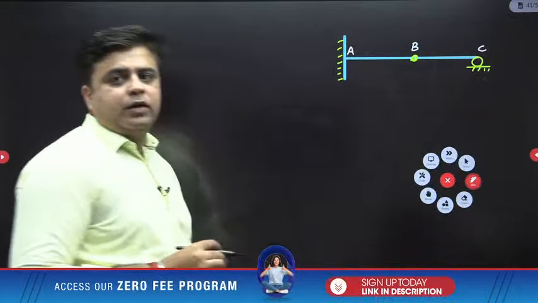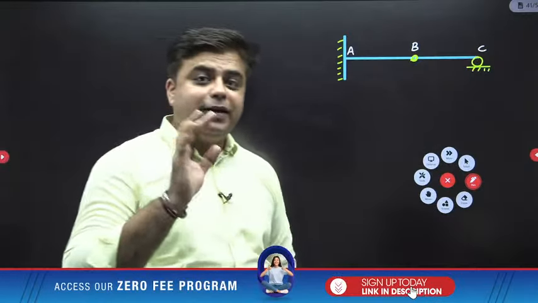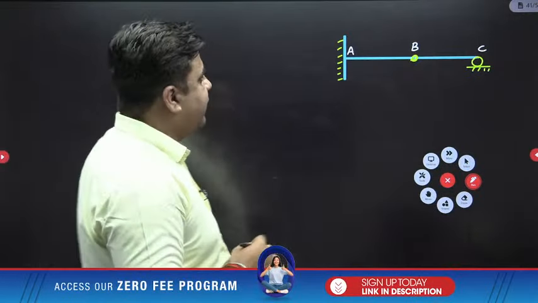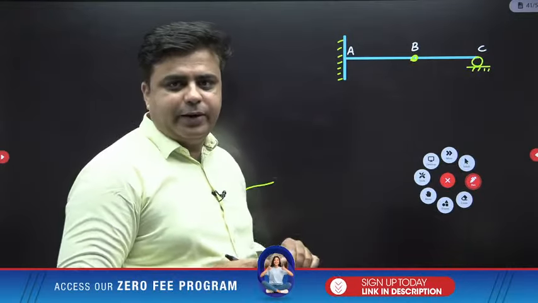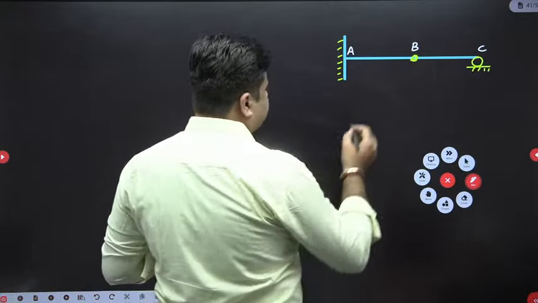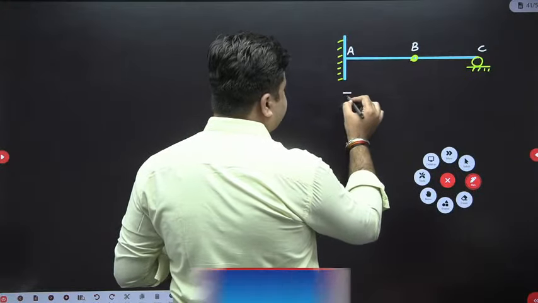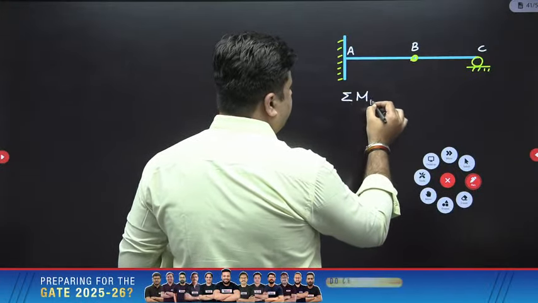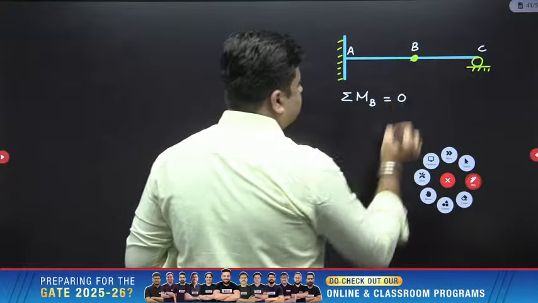I tell you one very interesting thing. What does the equation of static equilibrium say? It says that the summation of moment about B equals 0.